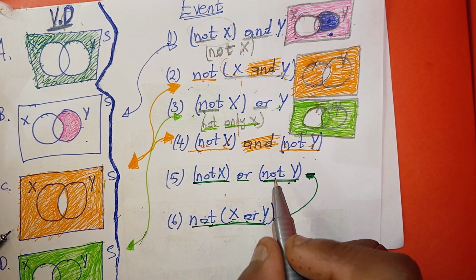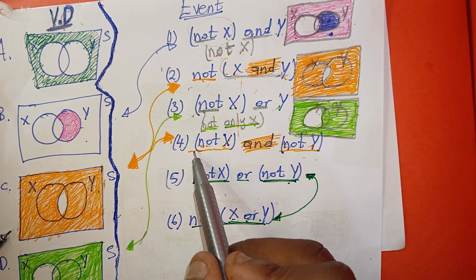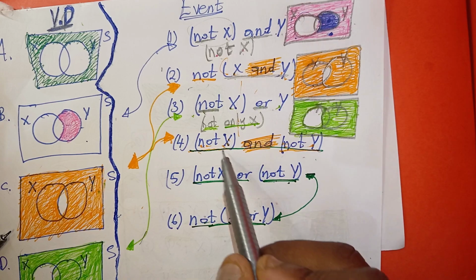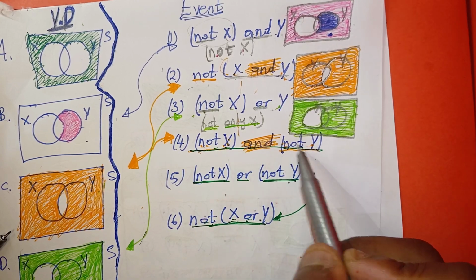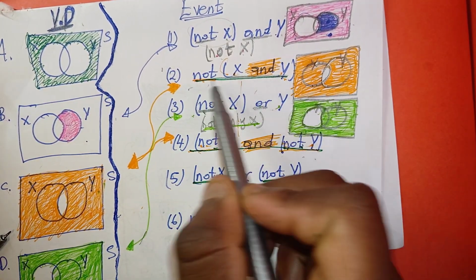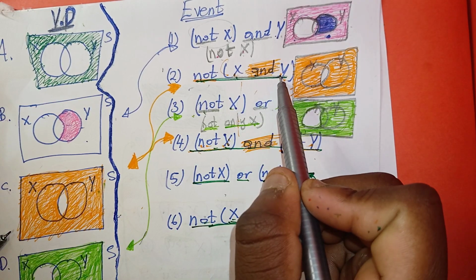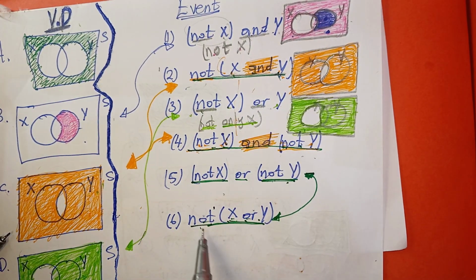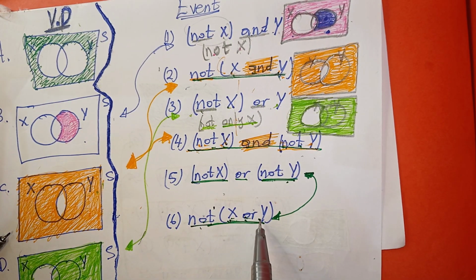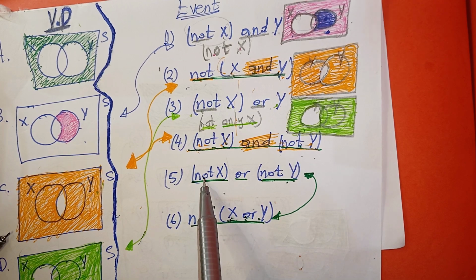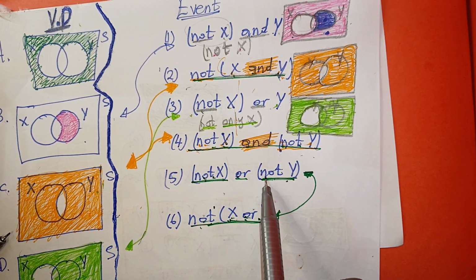This is almost the same as this one, whereby we say not x and not y is the same as not x and y. And this one I'm saying now, not x or y, it's the same as not x or not y.